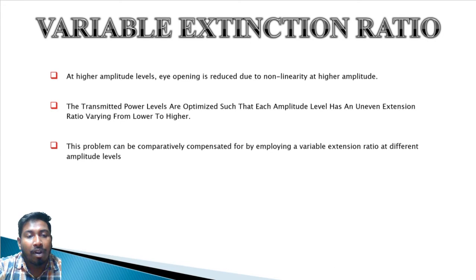The transmitted power levels are optimized such that each amplitude level has an uneven extinction ratio varying from lower to higher. The problem can be compensated by this variable extinction ratio at the different amplitude levels.